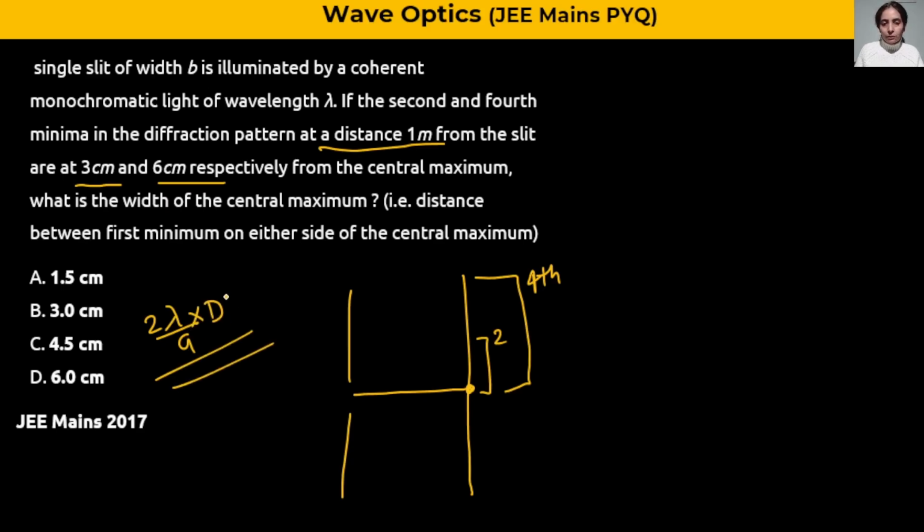Let us reach to this one from this information given. So देखो second minima हमें कितने angle पे मिलेगा, that we will be getting, I mean second minima के लिए condition क्या होता है? a sin theta is equal to how much? That is equal to your n lambda. So second minima is 2 lambda.